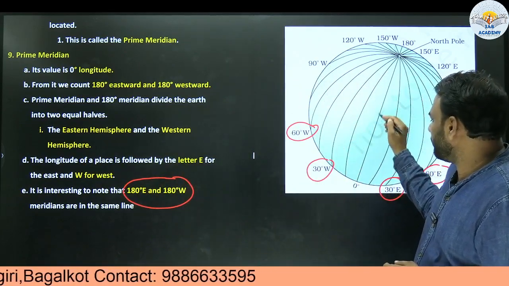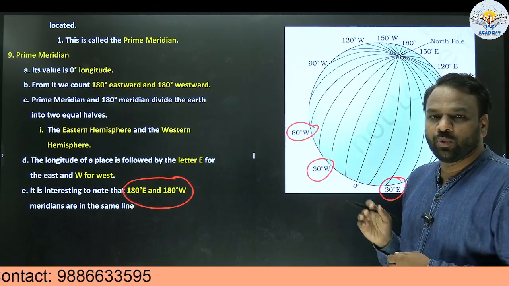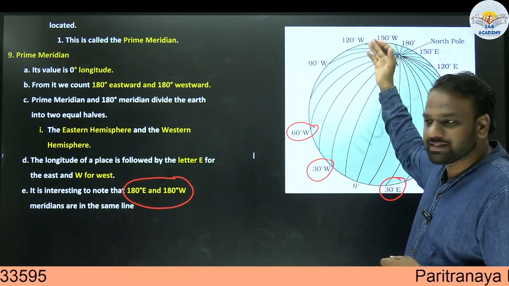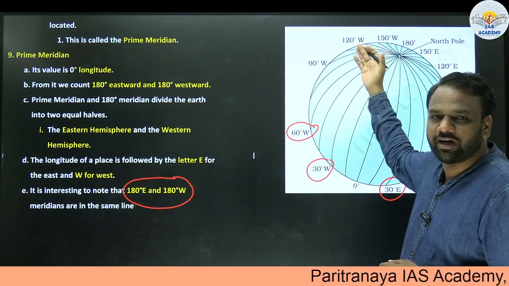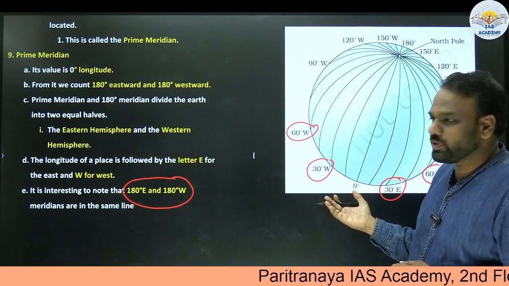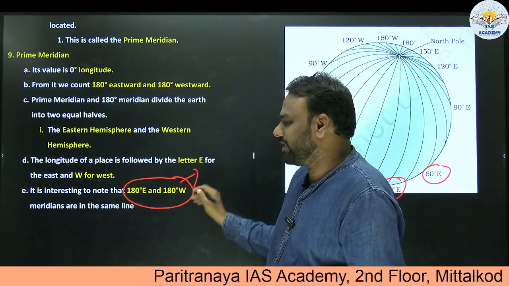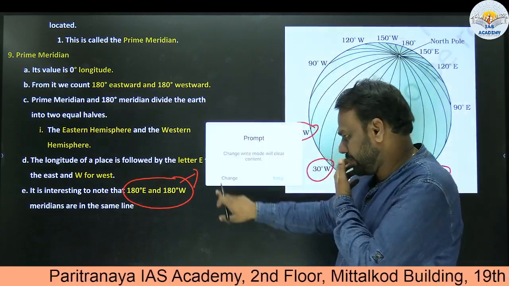From the standard meridian, when you start moving towards the east, 180 degree means you will come exactly to the other side of the earth, on this line. Similarly, if you start moving in this direction, you reach the other side of the earth at exactly the same point. So 180 degree east and 180 degree west both converge. They are on the same line.